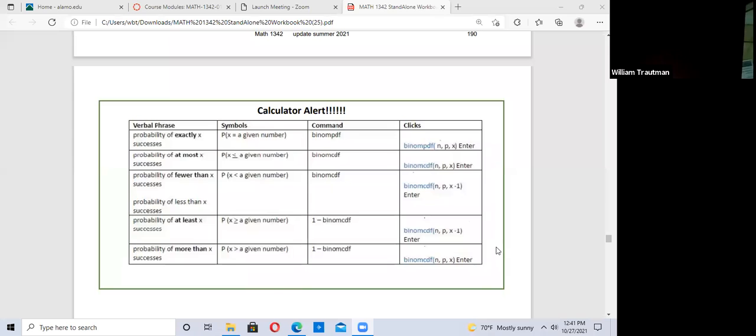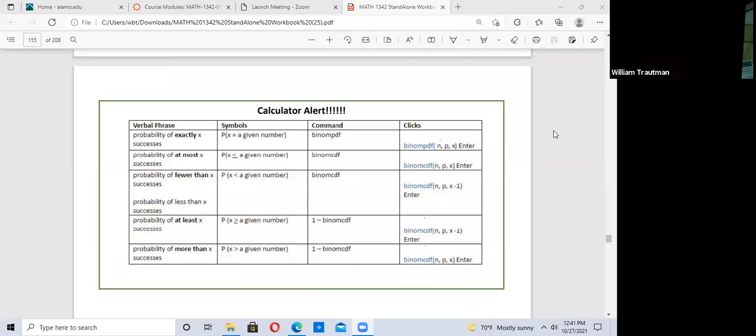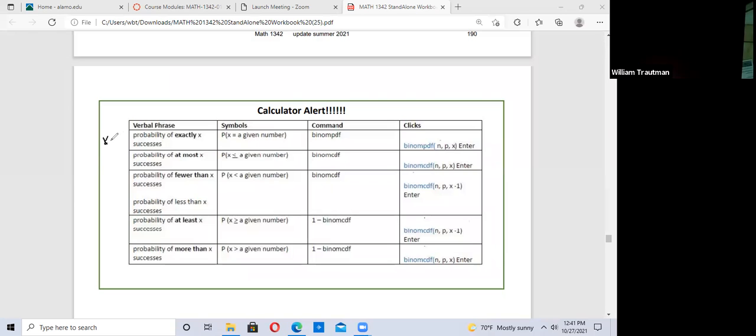And there is the answer. Probability of getting exactly 7 correct. And every time I leave, unfortunately, everything gets erased here. For exactly 7, the answer is 0.117.